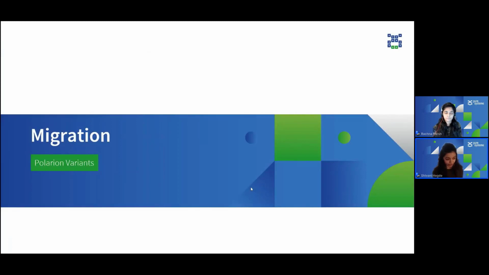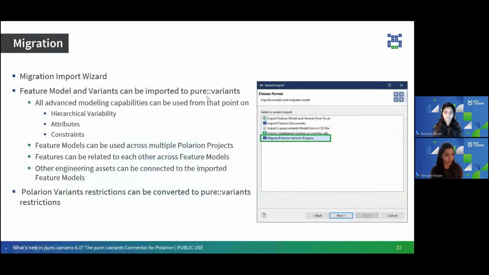That is the migration. If you are currently using Polarion variants and want to upgrade to the pure::variants Connector for Polarion, you can take all your existing feature models and variant models from Polarion variants.